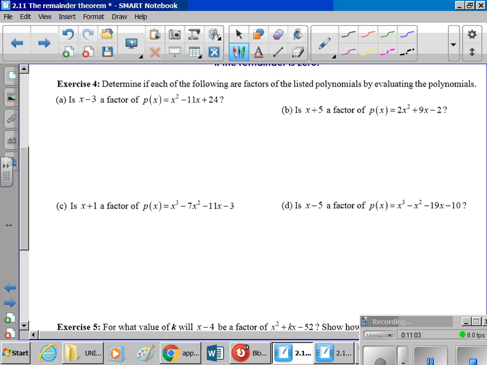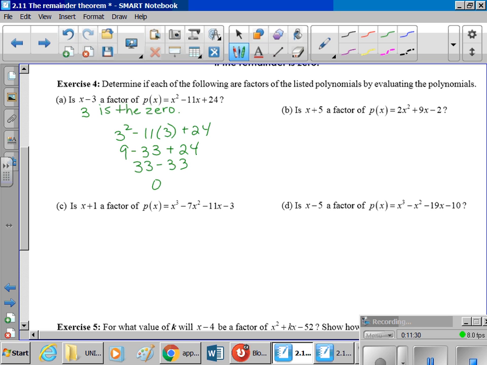If x minus 3 is a factor, we know that positive 3 is the 0. So we can do 3 squared minus 11 times 3 plus 24, which is 9 minus 33 plus 24. If we add 9 and 24, we get positive 33. So we get 33 minus 33, which is 0.